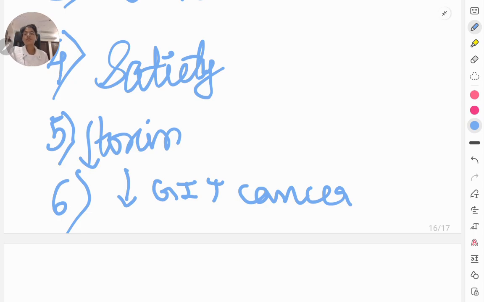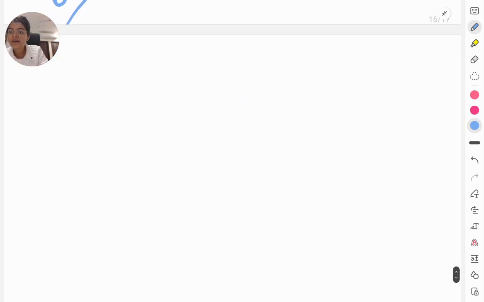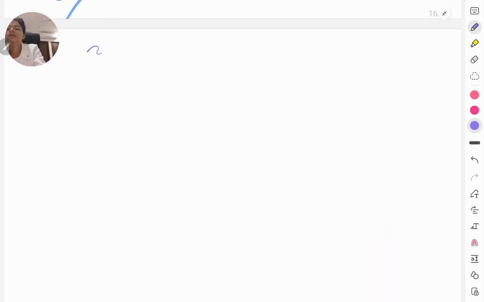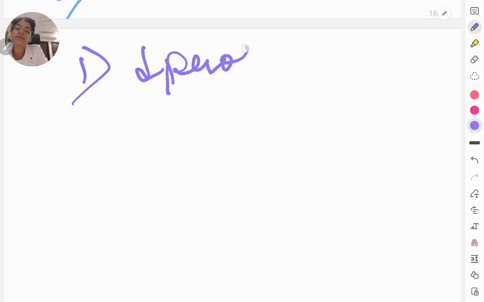Now there are also some adverse effects of fiber. I will be telling you what actually is happening, don't worry at all. First, it decreases the digestion and absorption of protein and minerals.